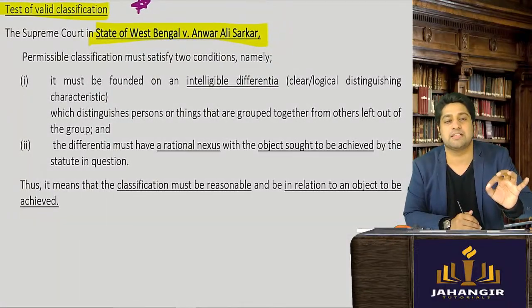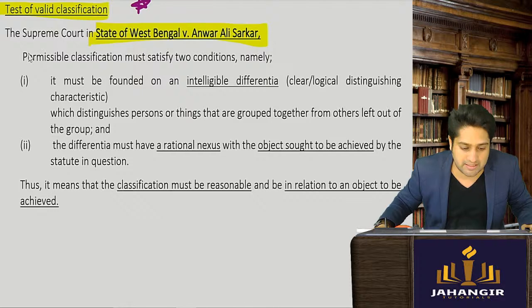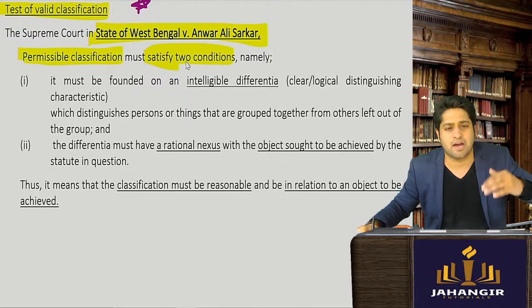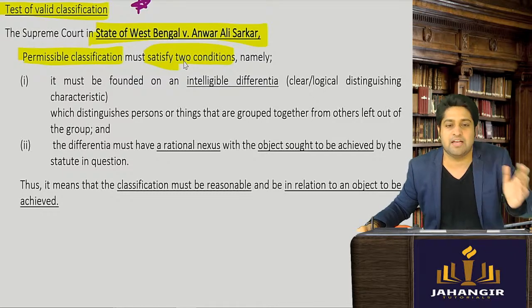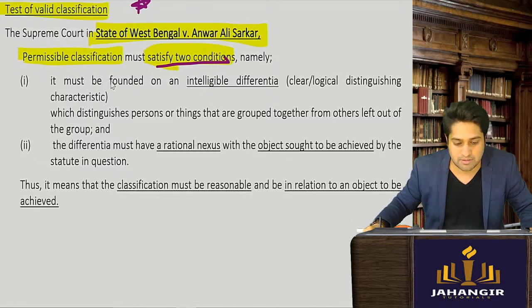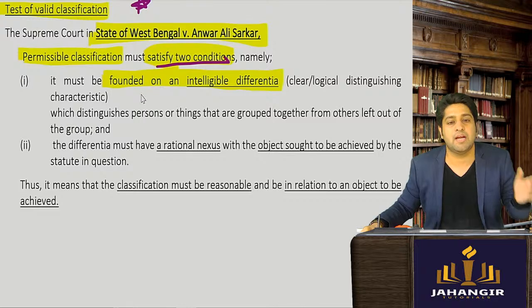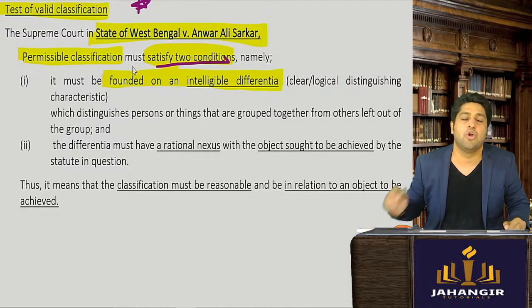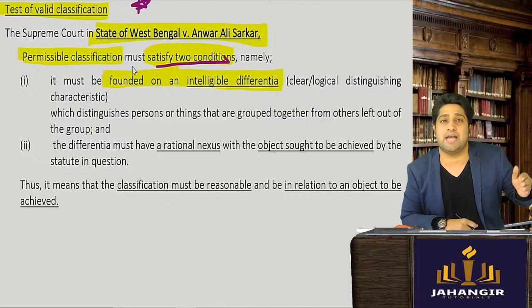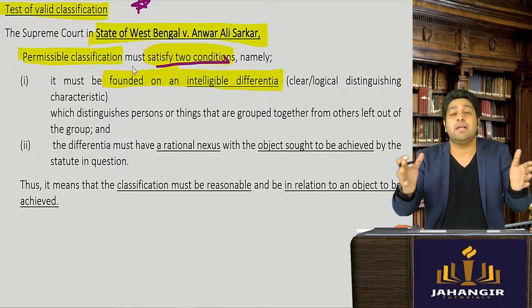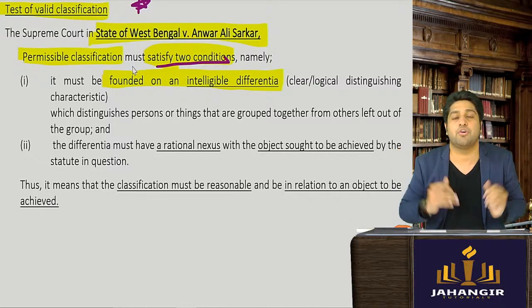For this they have said that when we are permitting any classification, it must satisfy two conditions. First, it must be founded on an intelligent differentia. For example, if I see the SC/ST and I see the general category, clearly a difference can be seen in their standard of living.